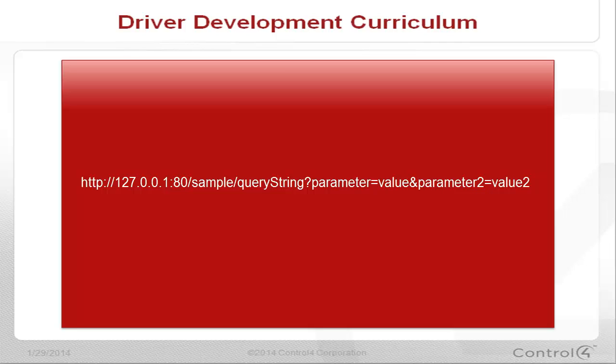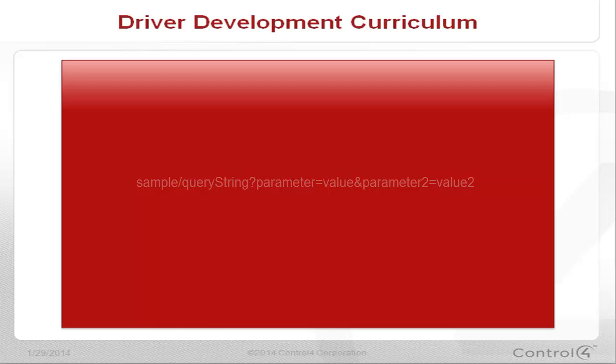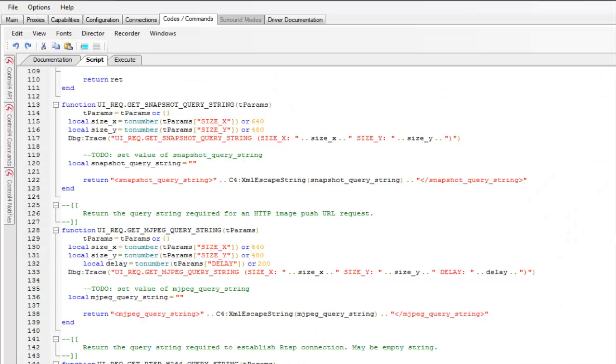In order for the template to use the URL, we need to remove the following pieces: the HTTP, the IP value or host name, and the port number. Now we have a string that looks like this. We need to take this string and place it into line 120 so that it looks like this.